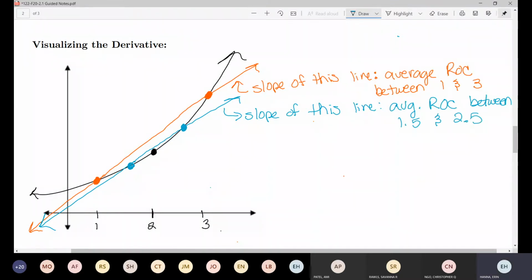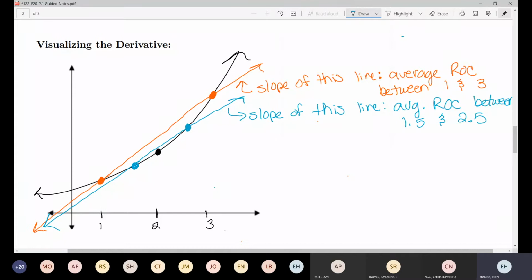And if I keep getting closer and closer points to 2, one on the left and one on the right, that approximation, that average rate of change, is going to get closer and closer to the thing that I actually want.